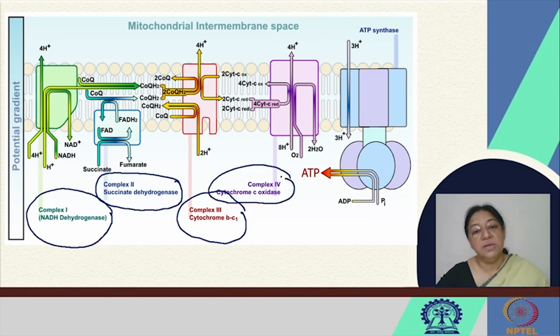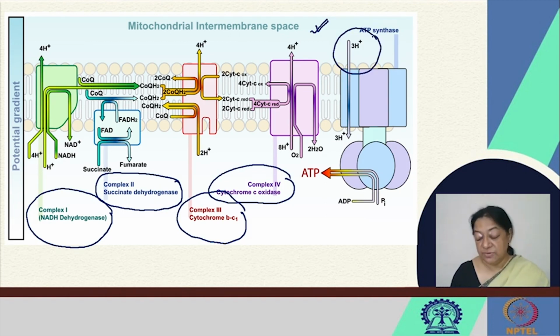All this occurrence leads to proton pumping. This proton pumped into the intermembrane space of the mitochondria is then used up by the proton pump in ATP synthase that results in our production of ATP.